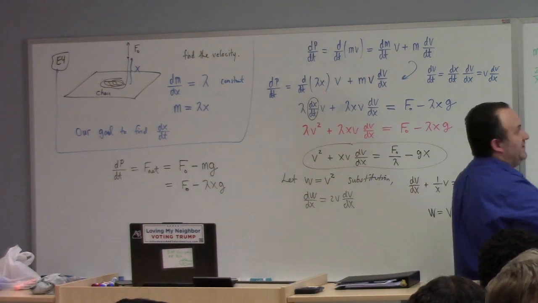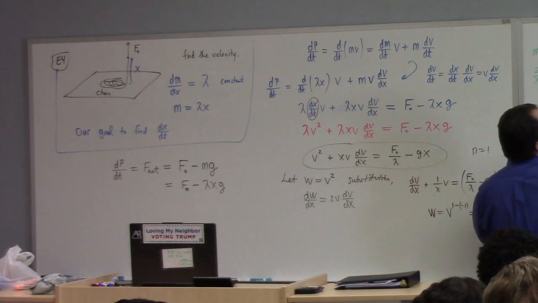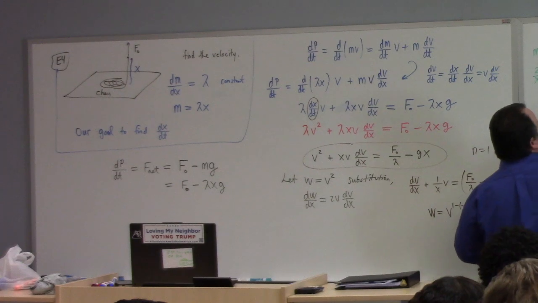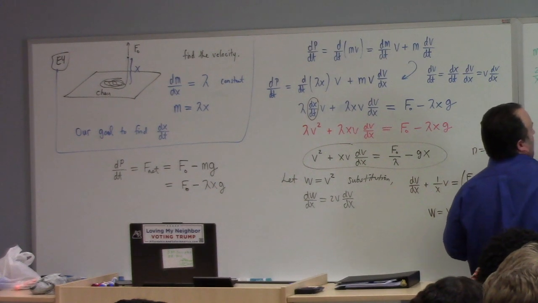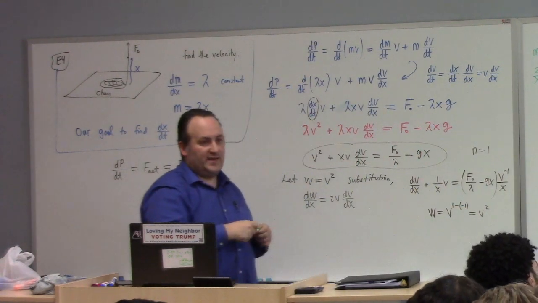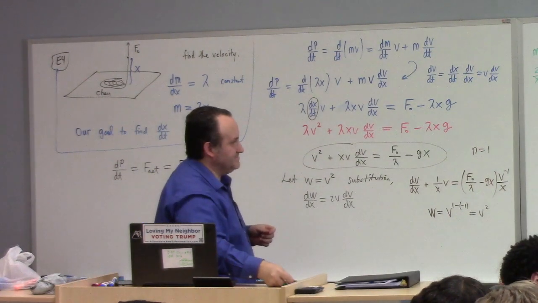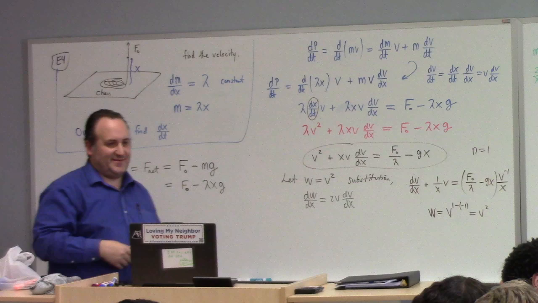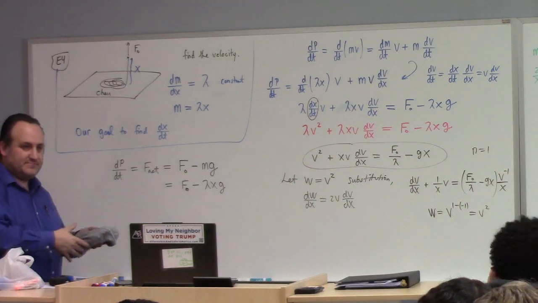When I multiply by 2 over x, it cancels this one and leaves me dw dx. This piece becomes that piece, and this piece becomes that piece. When I multiply by 2 over x, I get 2 over x times w. Yeah, it's always algebra. I thought you differentiated first. It's either algebra or calculus, it's one of the two. But these are good questions. It's fine. Ask away.